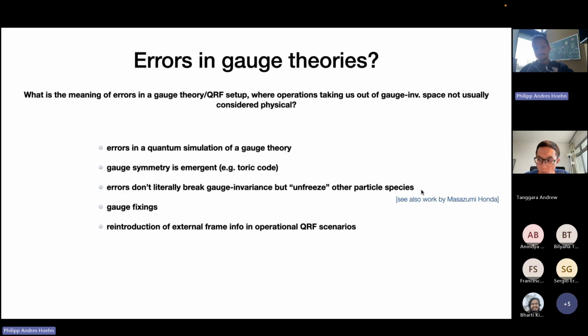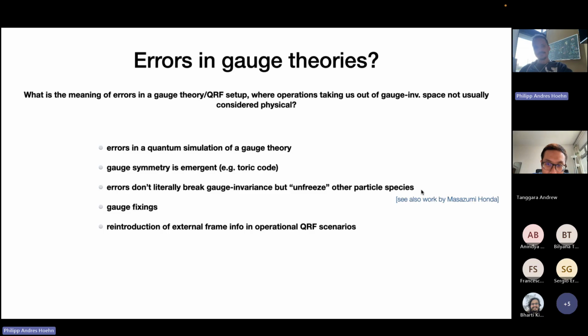Then literally errors in the simulation, they would correspond to something that takes you out of this simulated gauge invariant Hilbert space. So they could correspond to that. But also you could have things like in surface codes or the toric codes where the gauge symmetry is really not fundamental in some sense. And so it's some kind of emergent gauge symmetry. So you can break it, which is in some sense fine because you're not really breaking a fundamental gauge symmetry.